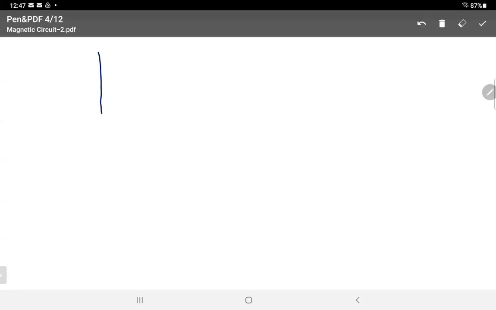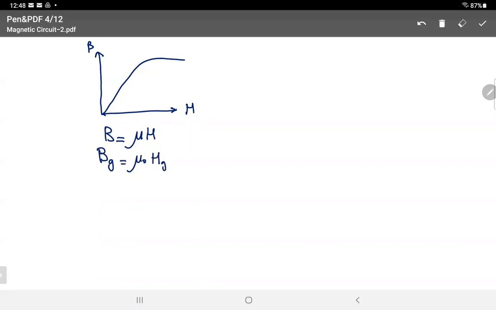We said this is H and this is B, and in the core it will be like that. So B is equal to mu times H. If you're talking about the magnetic field intensity in the air gap, you can say Bg is equal to mu naught H. If you are talking about inside the core, it's mu C H.